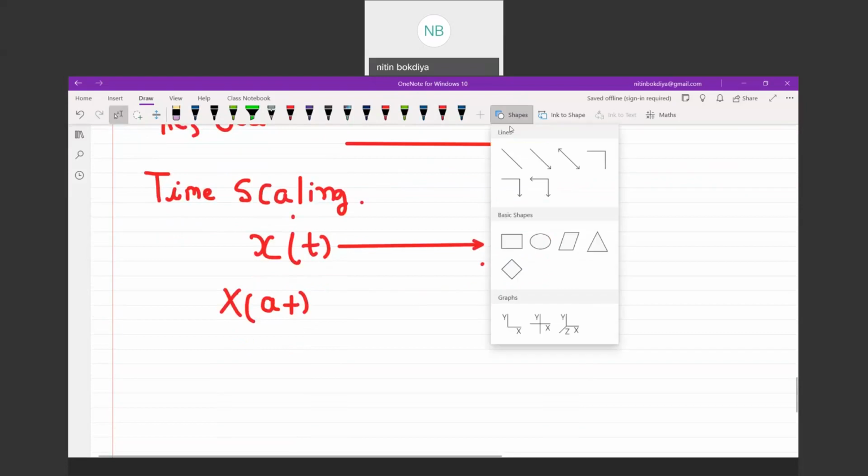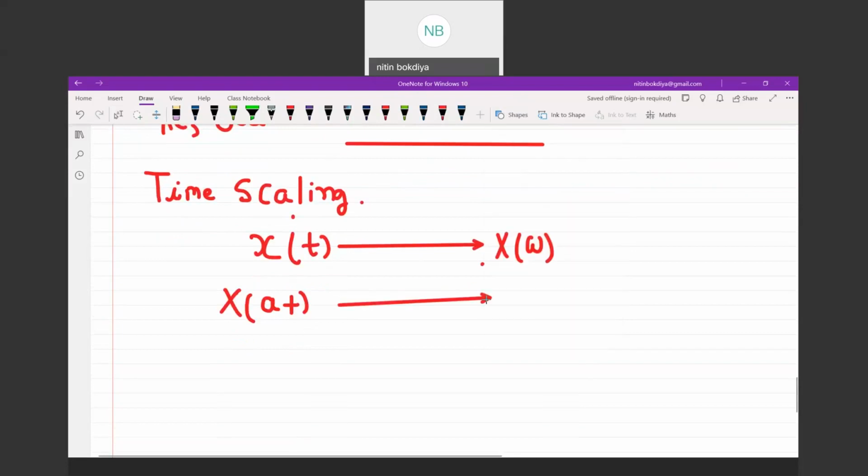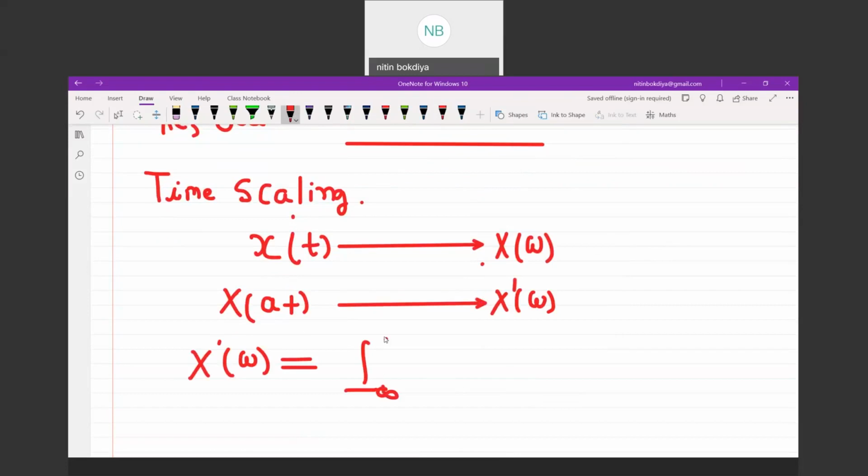Let's say its Fourier transform is x prime of omega. So can I say x prime of omega equals the integral from minus infinity to infinity of x of at into e to the power minus iota omega t into dt.